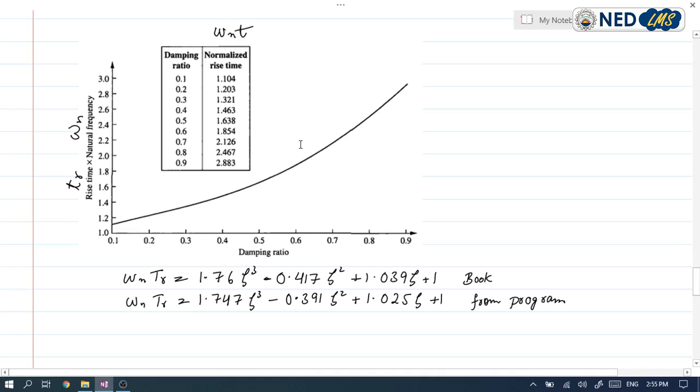Now we have derived expressions that relate peak time, percentage overshoot and settling time to the natural frequency and damping ratio. So now let us relate these quantities to the location of the poles that generate these characteristics.